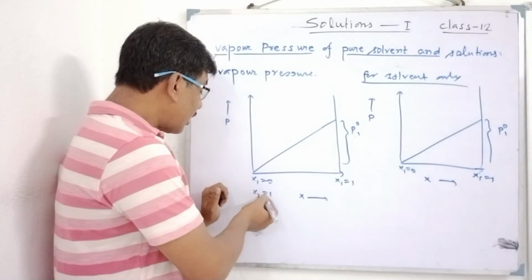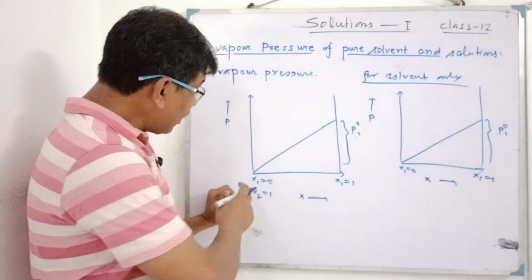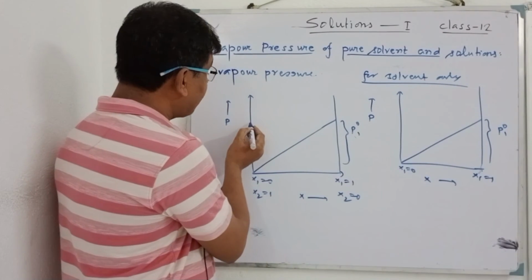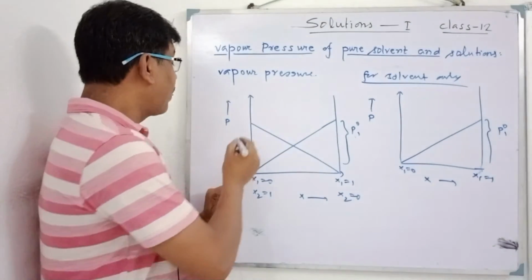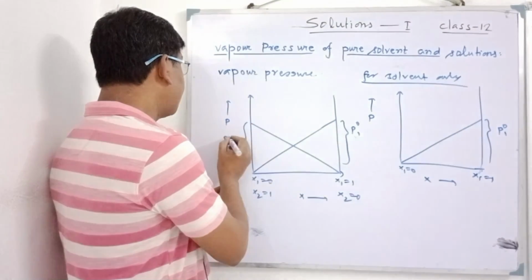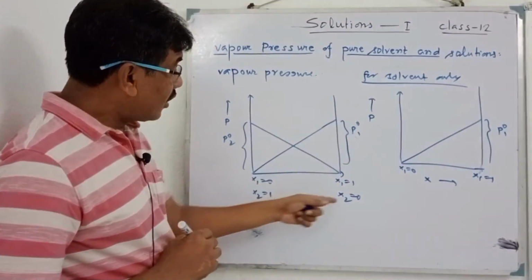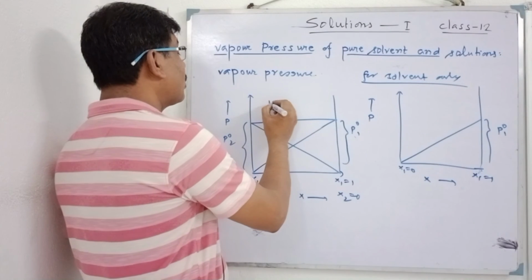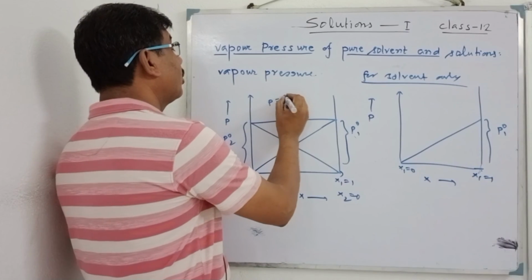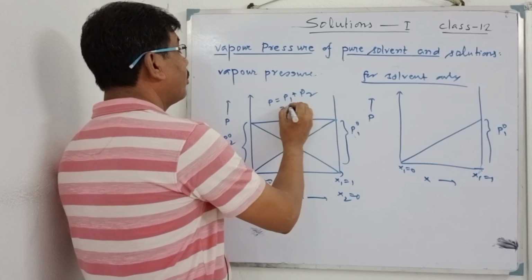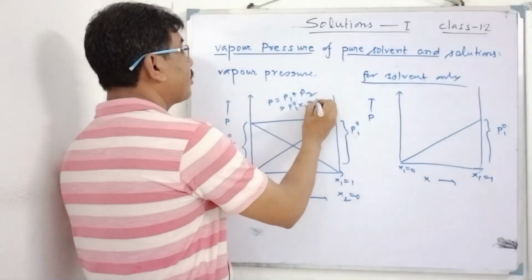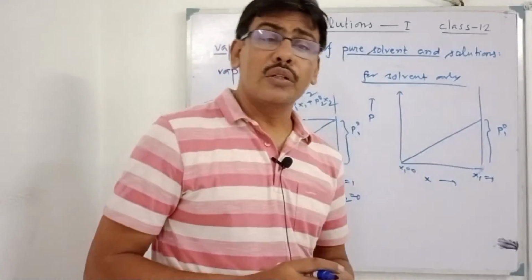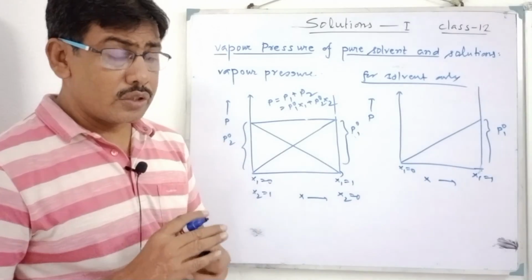And if you decrease x2 from 1 to 0, the vapor pressure decreases. Initially it was P02 and it becomes P01. Now if you add the lines, the total vapor pressure is P equal to P1 plus P2, or P01 x1 plus P02 x2. This is the vapor pressure of a solution formed by two volatile liquids.